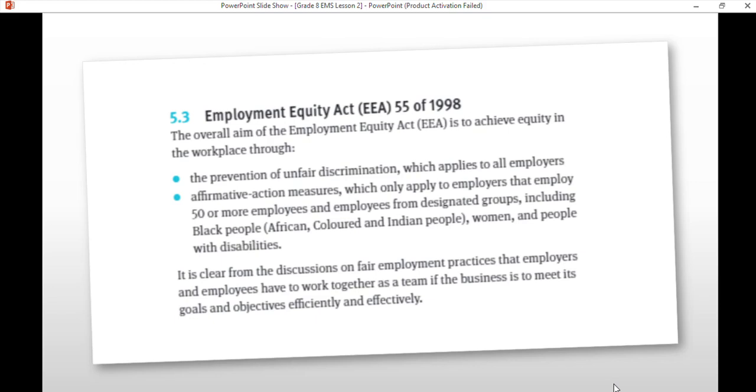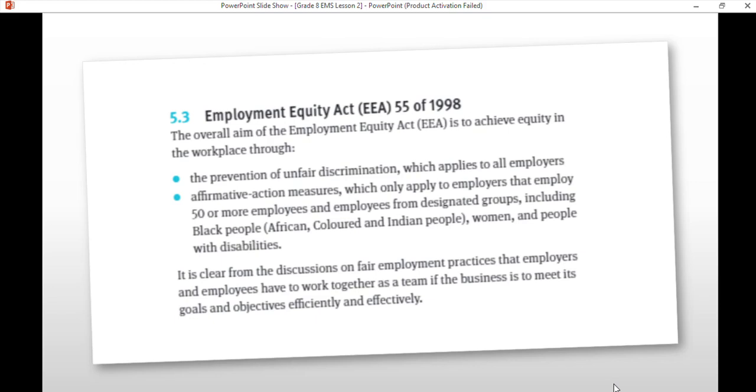And they would start with women and then men. So it's black women, black men, colored women, colored men, Indian women, Indian men, disabilities, and then you would get the white women and white men. That is the affirmative action measures. And that's part of the employment equity.